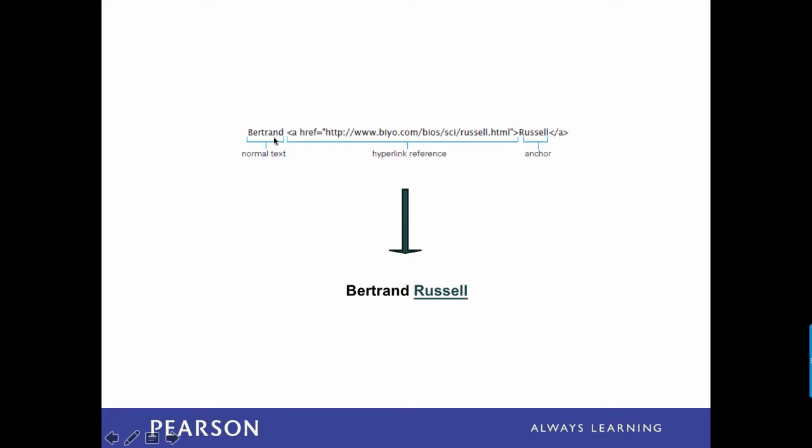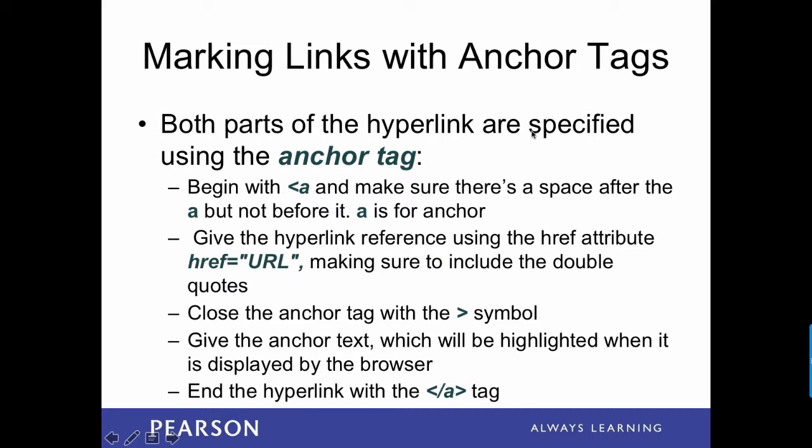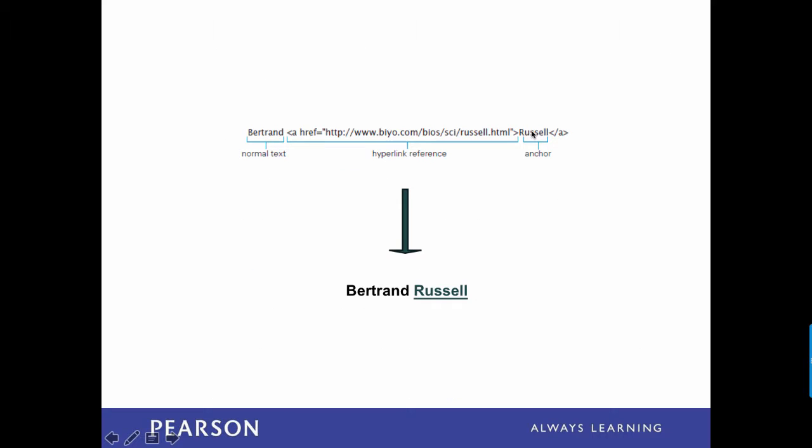Okay. So right here on the screen, you can see that there is a sample. It says Bertrand, then it has an anchor tag, href equals, and then this URL to this particular HTML page on the web. We have the closing angle bracket, then we have the text that we want to appear, and then the closing anchor tag.